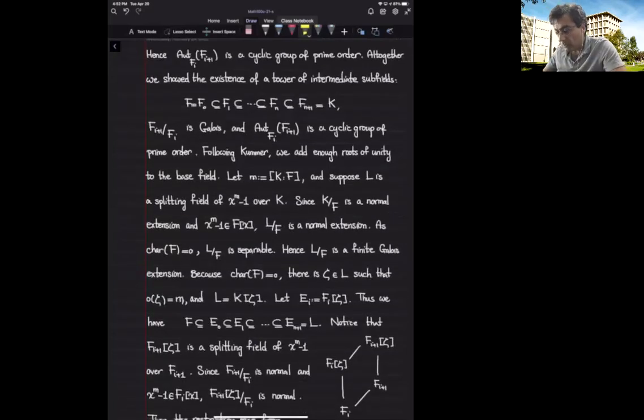Kummer told us that if my field extension is a splitting field of x to the n minus a, and if my base field has nth roots of unity, then this extension is generated by a single zero of x to the n minus a.